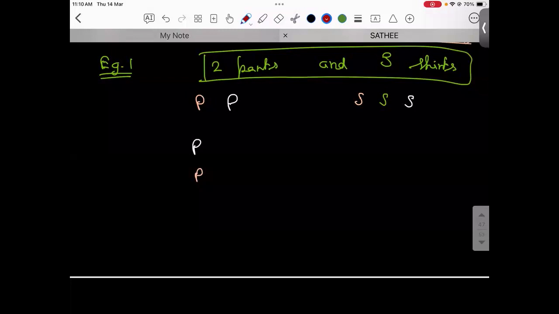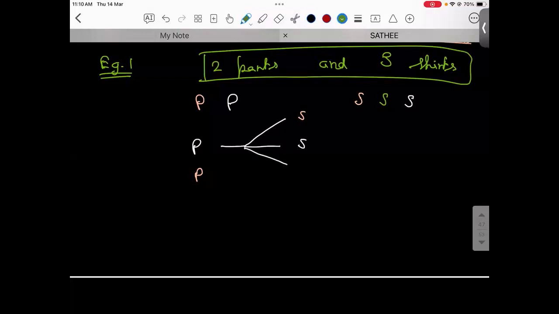So you have two ways. Now for a white one, you can wear the red shirt. With the white one, you can wear the white shirt. With the white one, you can wear the green shirt.